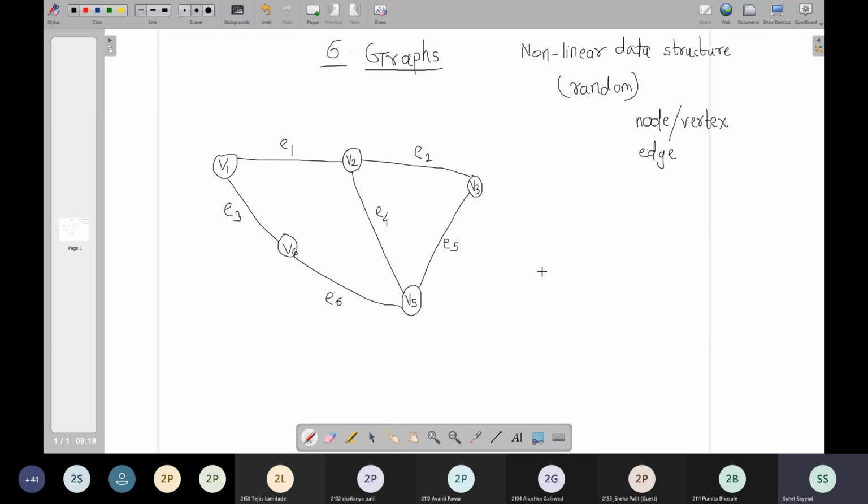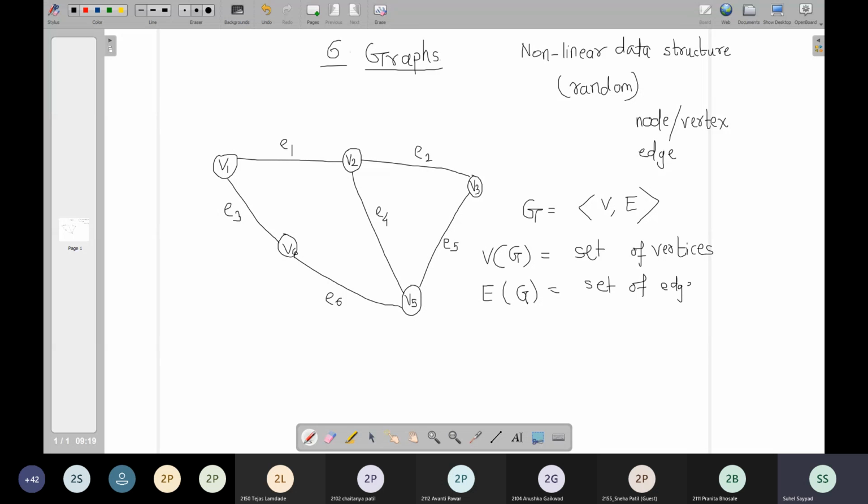Mathematically, this graph is basically defined as V comma E. It is defined as V comma E, where this V in the graph G is the set of vertices, and this E in the graph G is the set of edges.